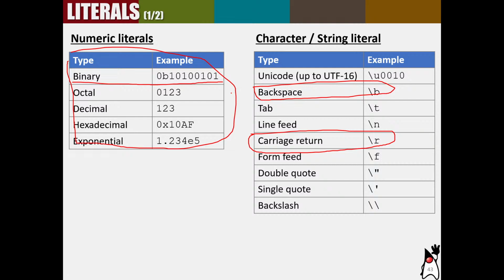Decimal number. Anyone still remember how to convert binary to decimal? 2 power 0, 2 power 1, 2 power 2. Is it 165? 165, correct.